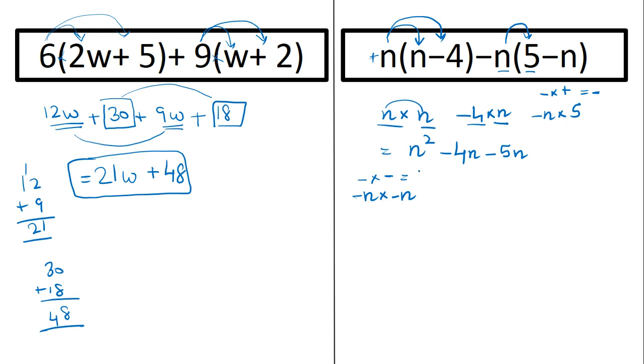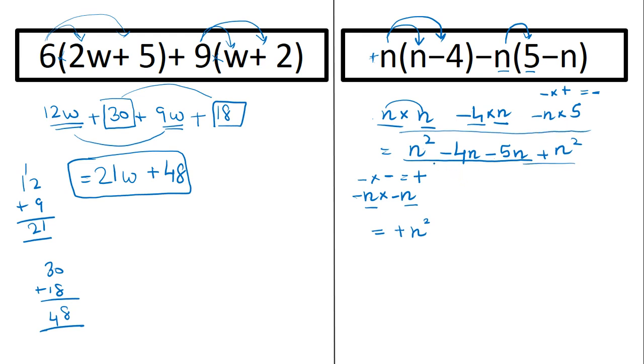The answer is always going to be positive. So first thing I should know is that negative n times negative n means a positive, and positive what? There are two n's here. So again, when you have two n's, you just take it as a power, n to the power of 2. Which means in this particular equation, we have n squared minus 4n minus 5n plus another n squared.